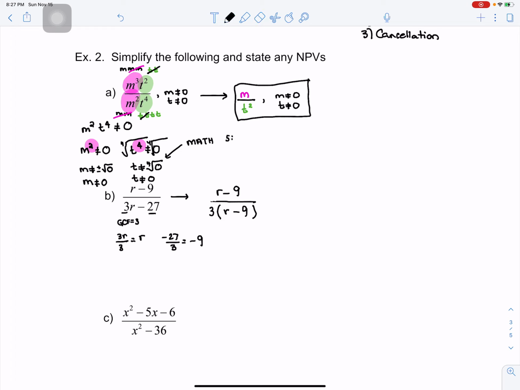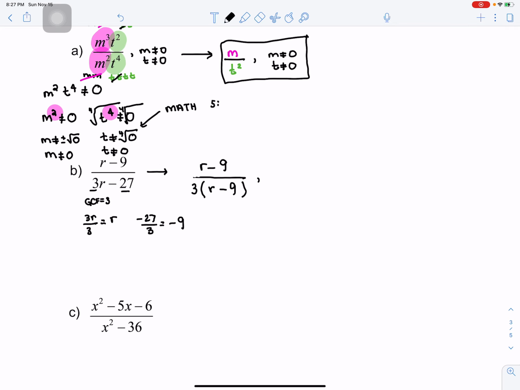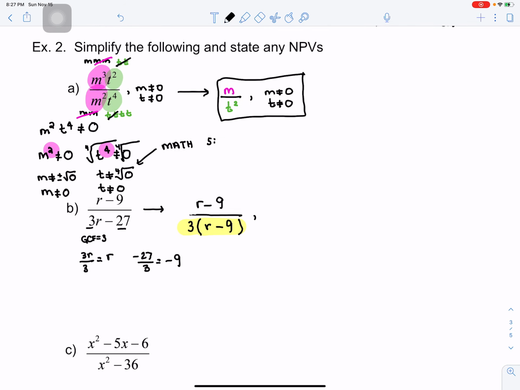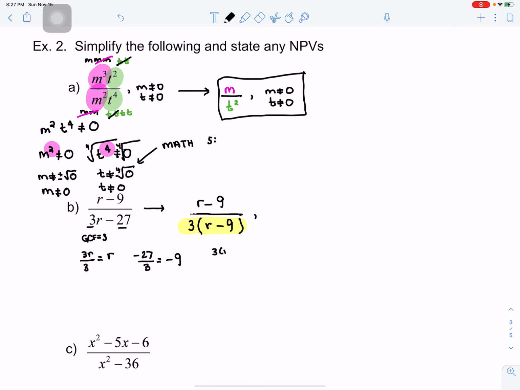Okay, I'm ready to state my NPVs, so I'm going to take my denominator in its original form, and I want to set that equal to 0. So 3R minus 9 equals 0, and my goal is to solve for R. Divide by 3, divide by 3.